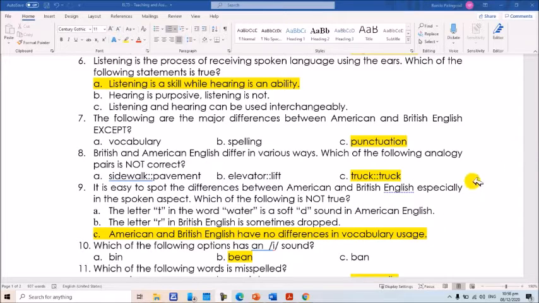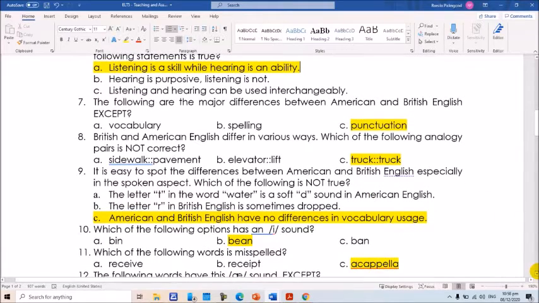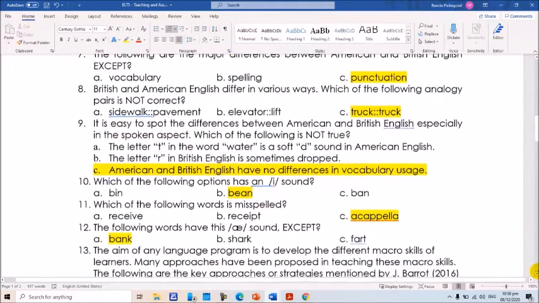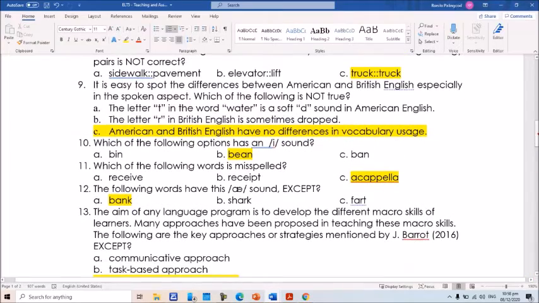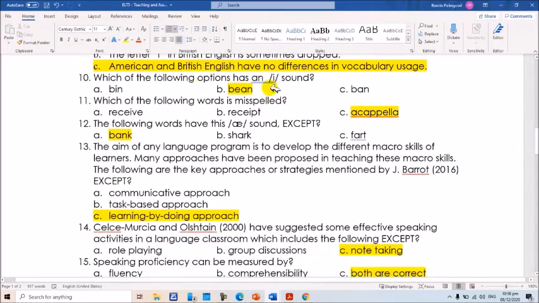Alright, so moving on to question number 10. Which of the following has an E sound or a long E sound? Of course, the answer is bean, letter B. Which of the following words is misspelled? Receive, receipt, a cappella.